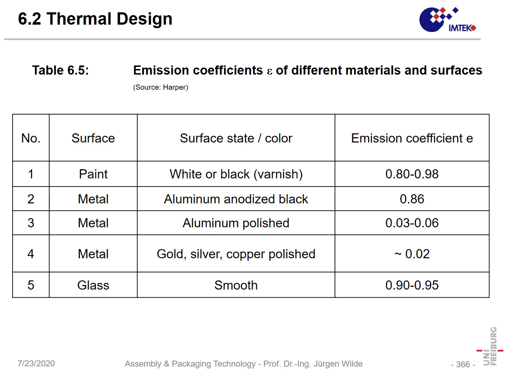Just to give you some estimates, if we have a noble metal, gold, silver, copper, polished, the emission coefficient is only 2%, 0.02. Aluminum is also low when it's polished, but it always has a very small layer of oxide, and that already increases the emission coefficient by a factor of 2.